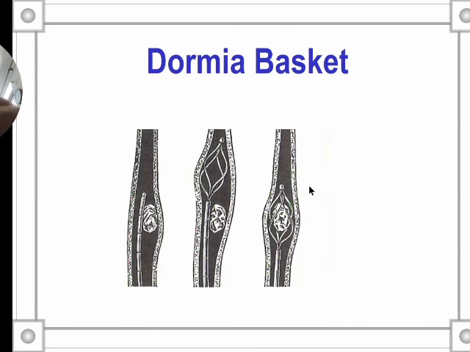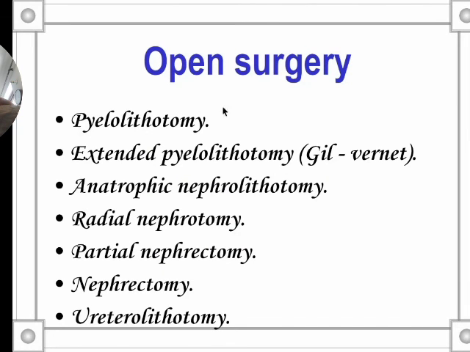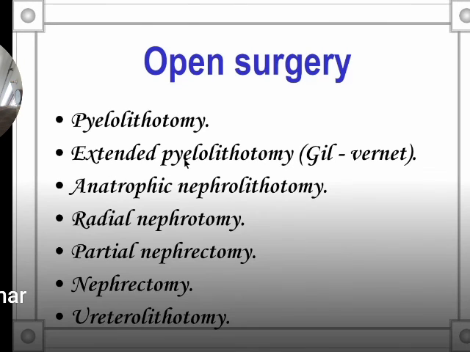But if they are not amenable to this endourological procedure, then you do an open surgical procedure. Open pyelolithotomy means removal of the stone from the renal pelvis. Extended pyelolithotomy is done in patients who have an intrarenal pelvis, that is the Gil-Vernet technique.